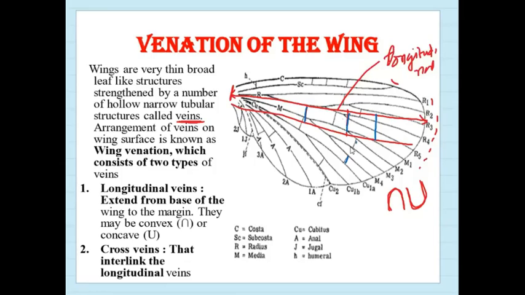These are the cross veins, they join the longitudinal veins. There are different names here: longitudinal veins are costa, subcosta, radius, media, cubitus, anal, and jugal. Names are given on the basis of their location.